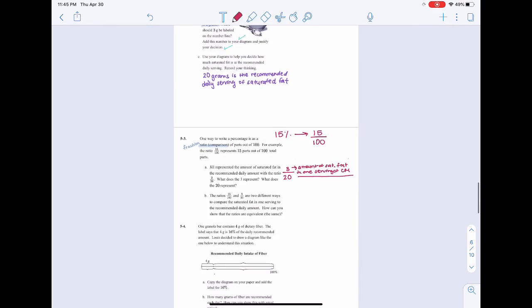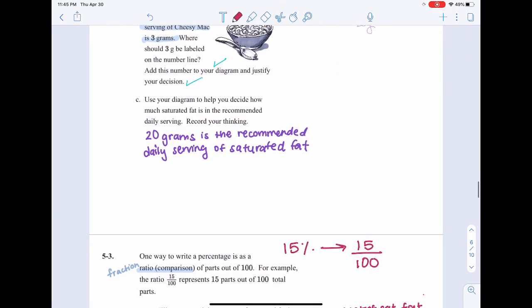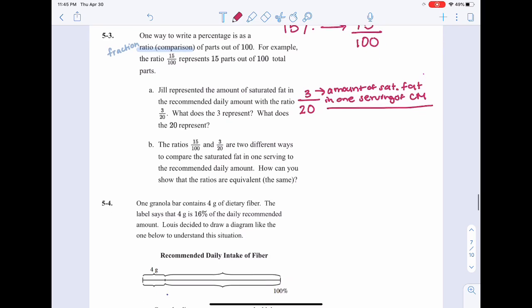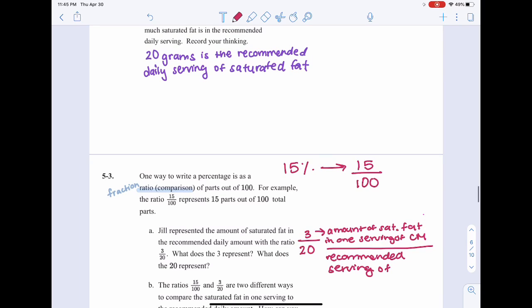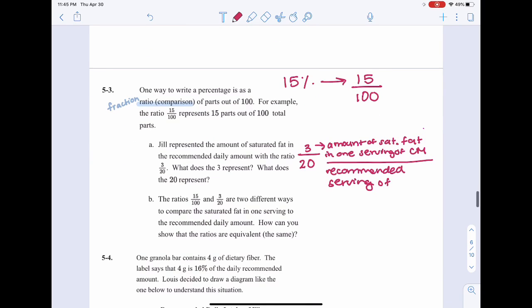And the 20 represents the recommended daily serving of saturated fat.